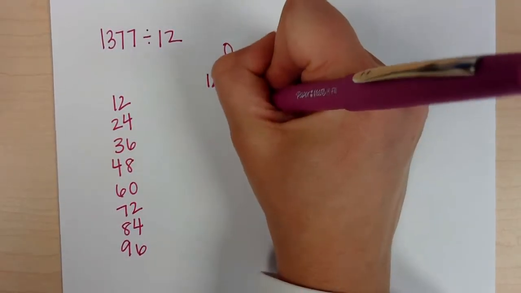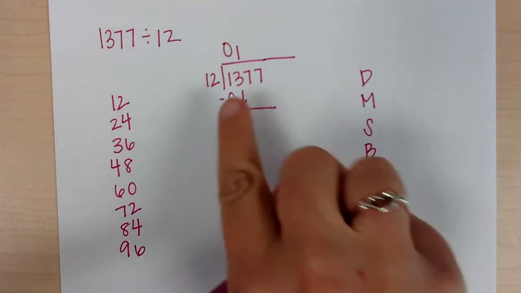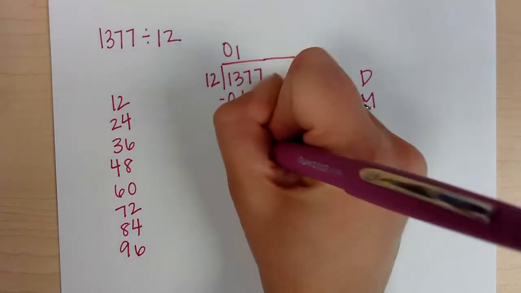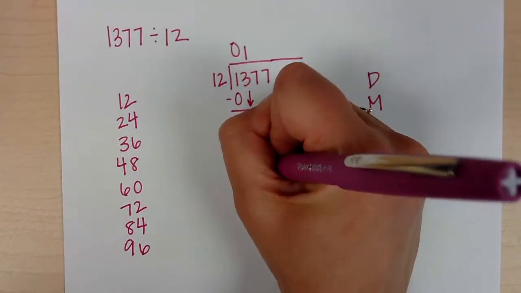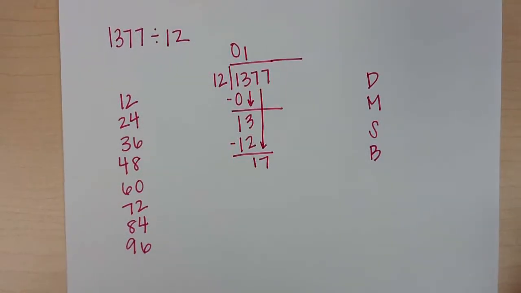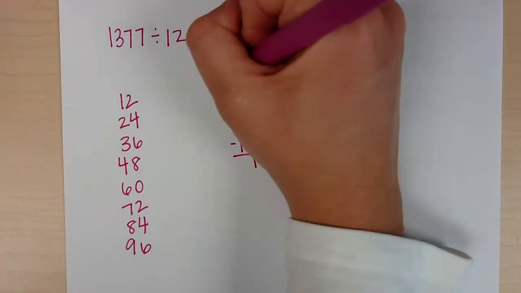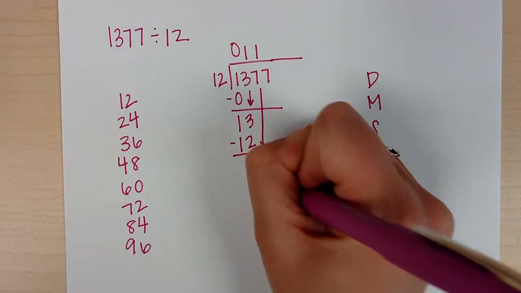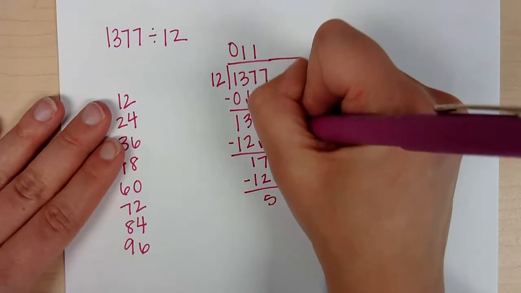Bring down. 12 goes into 13 one time. 12 times 1 is 12. I subtract. 13 minus 12 leaves me with 1. Bring down my 7. 12 goes into 17 one time. 12 times 1 is 12. I subtract, and I'm left with 5. Bring down my 7.